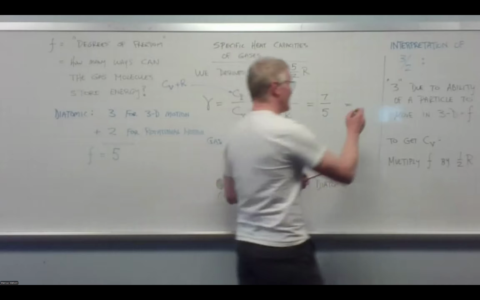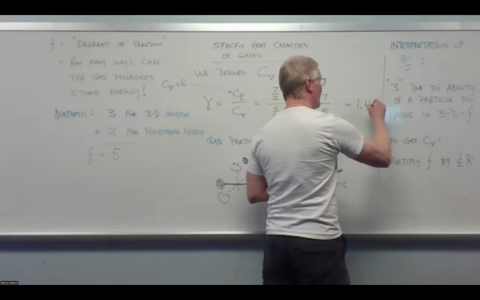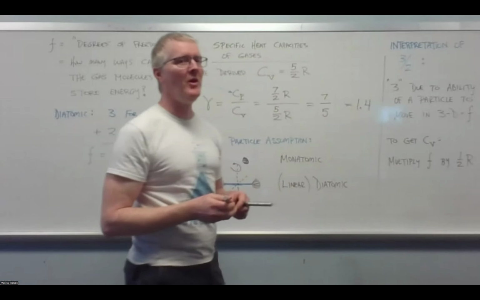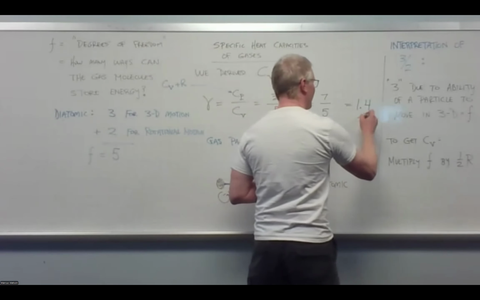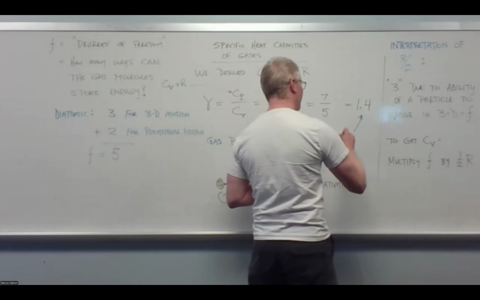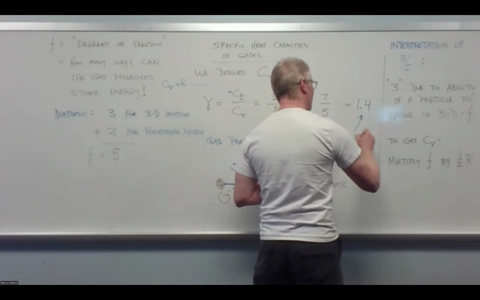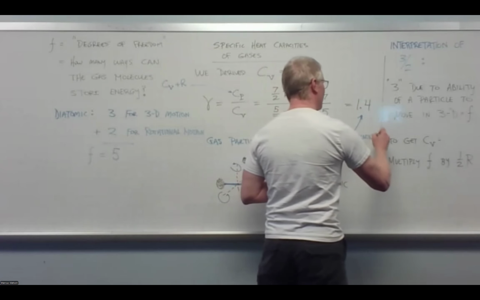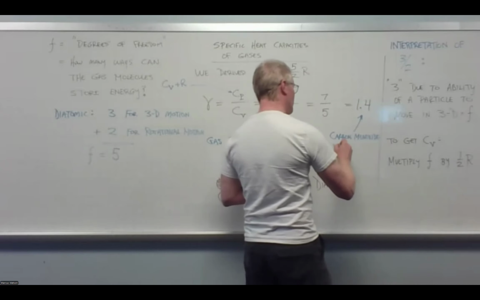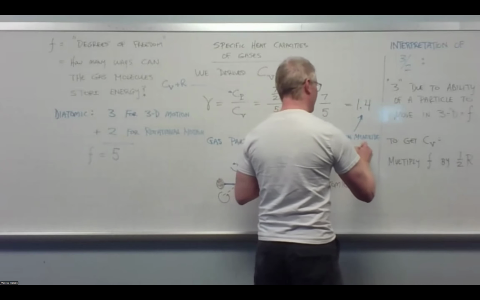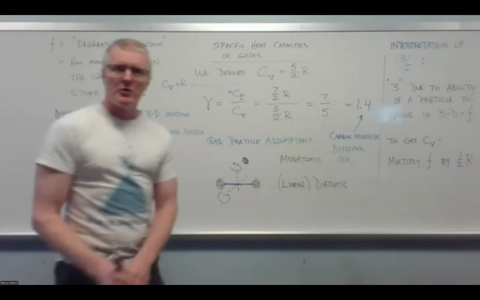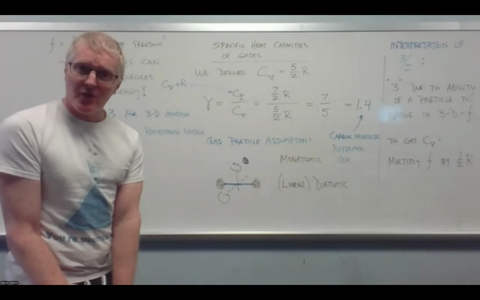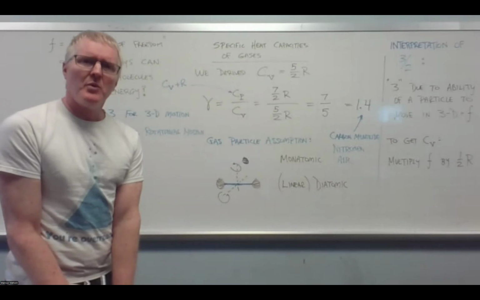So this is equal to 1.4. Oh, look at here. This is for things like carbon monoxide. If you remember our table, nitrogen, obviously that's also basically air. So for diatomic molecules, oh, look at this, 1.4.